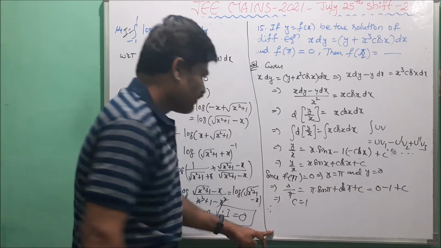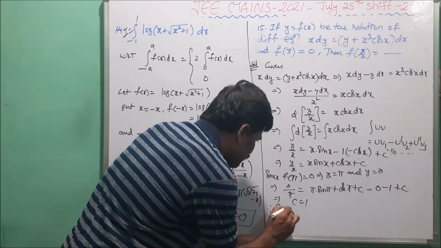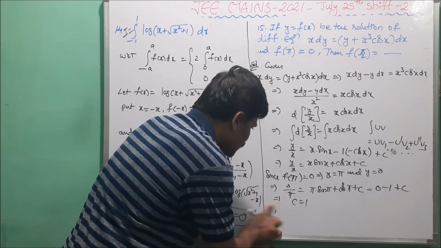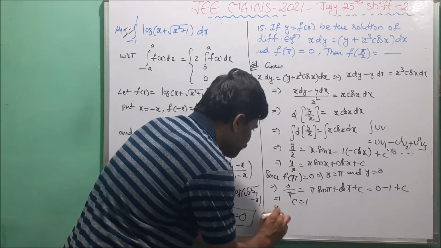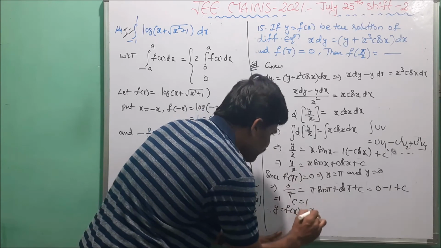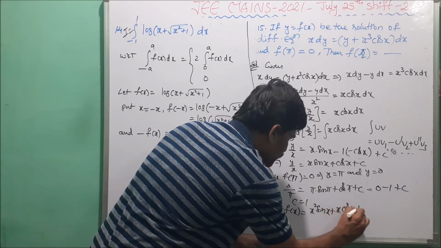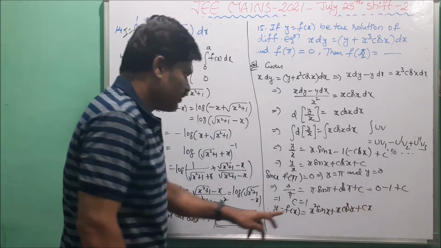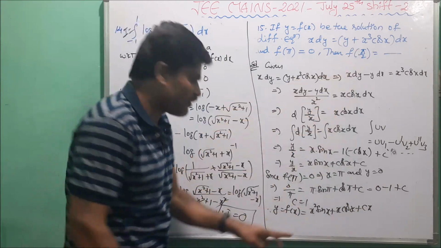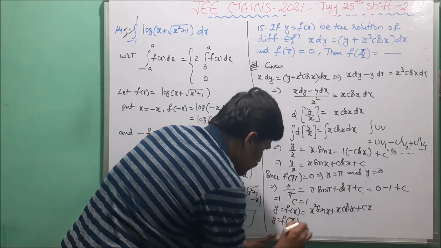Now using this to find f of pi by 2. We write y equals f of x, that is x into (x sin x plus cos x plus c), which is x square sin x plus x cos x plus cx. Now in place of x we take x equal to pi by 2, y equal to f of pi by 2, which is our final value.